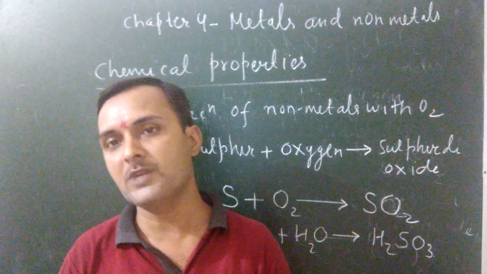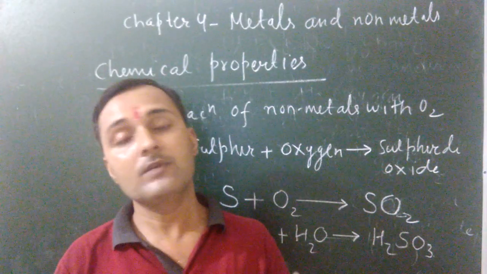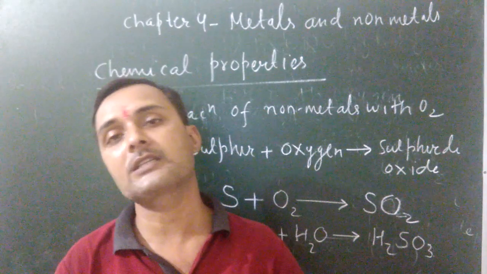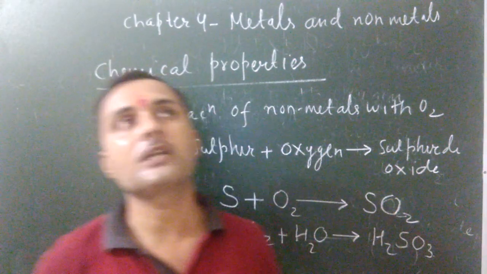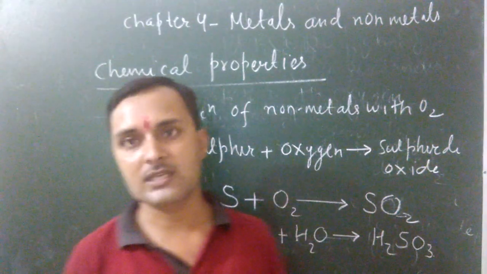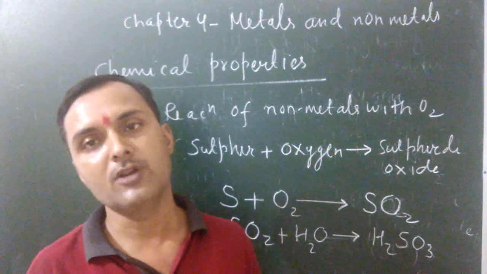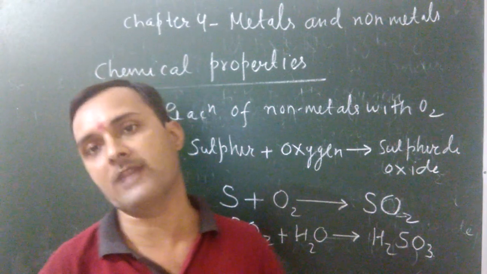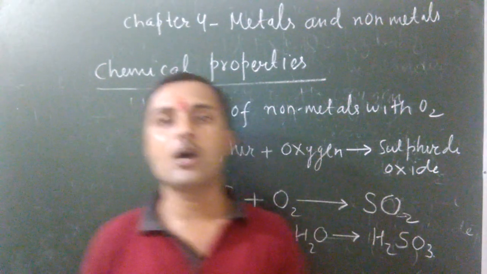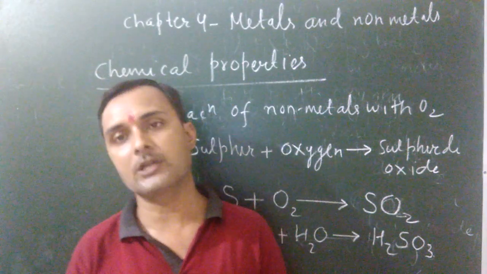There are two non-metals: first the reaction of carbon with oxygen, and second the reaction of sulfur with oxygen. So total 5 reactions, 3 from metals and 2 from non-metals. With the help of chemical reactions, we know how a particular substance reacts with another substance and forms a particular product.